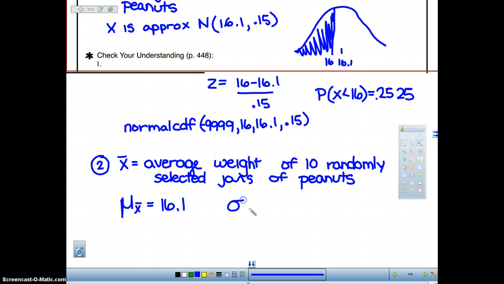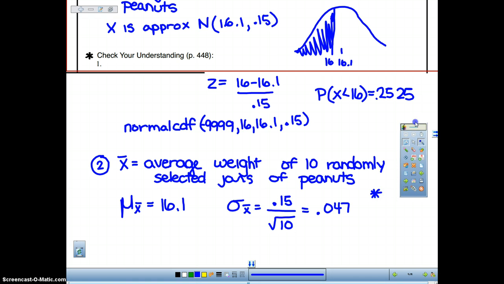And the standard deviation of my sampling distribution is going to be the 0.15 divided by square root of 10, which is going to give me 0.047.